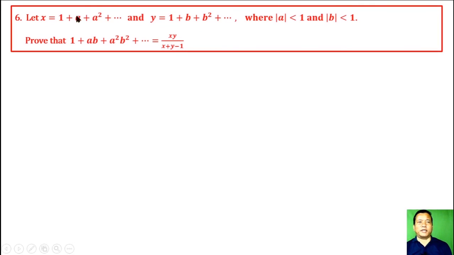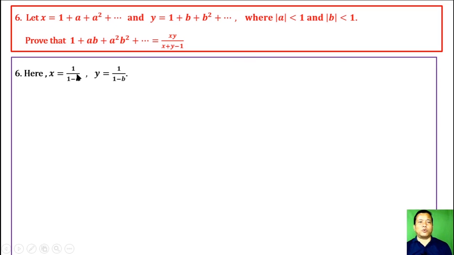Question number 6. Let x equal to 1 plus a plus a square up to infinity, and y equal to 1 plus b plus b square up to infinity, where modulus of a is less than 1 and modulus of b is also less than 1. Prove that 1 plus ab plus a square b square plus up to infinity is equal to xy by x plus y minus 1.